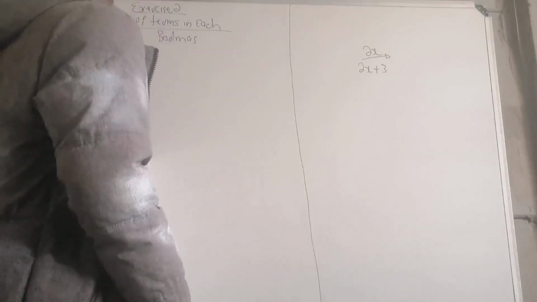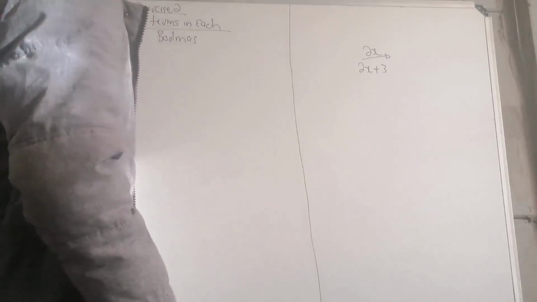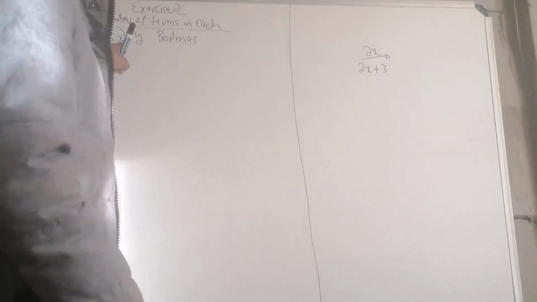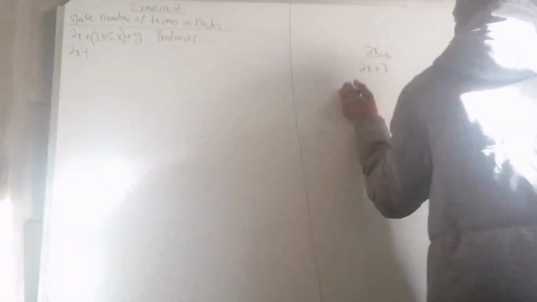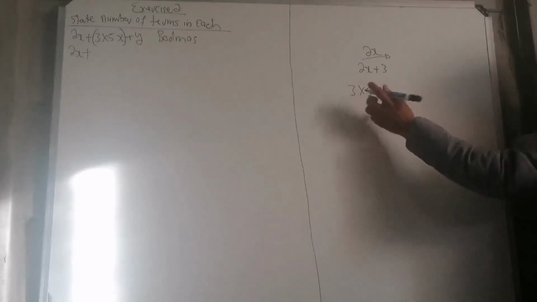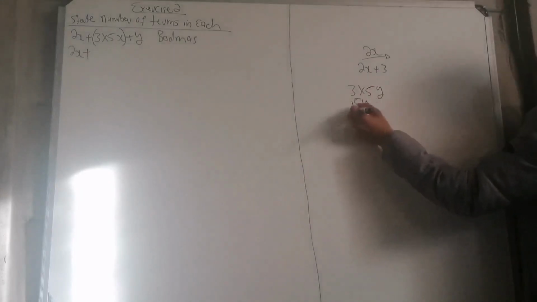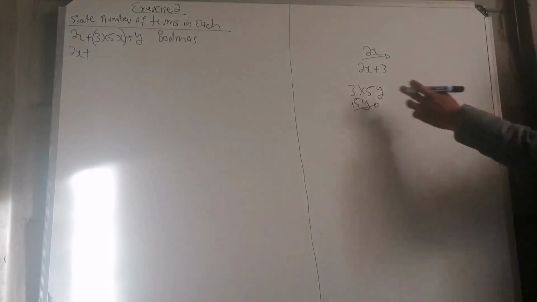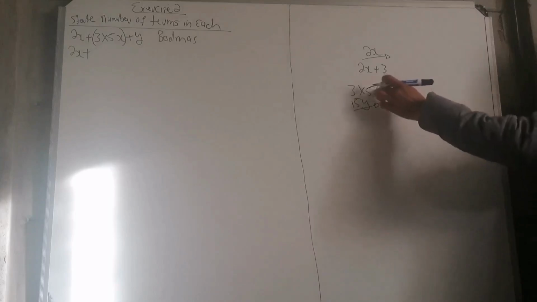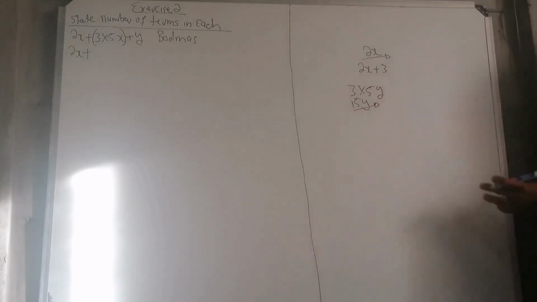You will still have your addition sign, but you will say 3 times 5, and then you will get 15x. Because remember, this is multiplication. If you have 3 times 5y, you will just say 3 times 5, it's 15, then you write your y. So you multiply the numbers, you get 15. You multiply that 15 with y, you get 15y.